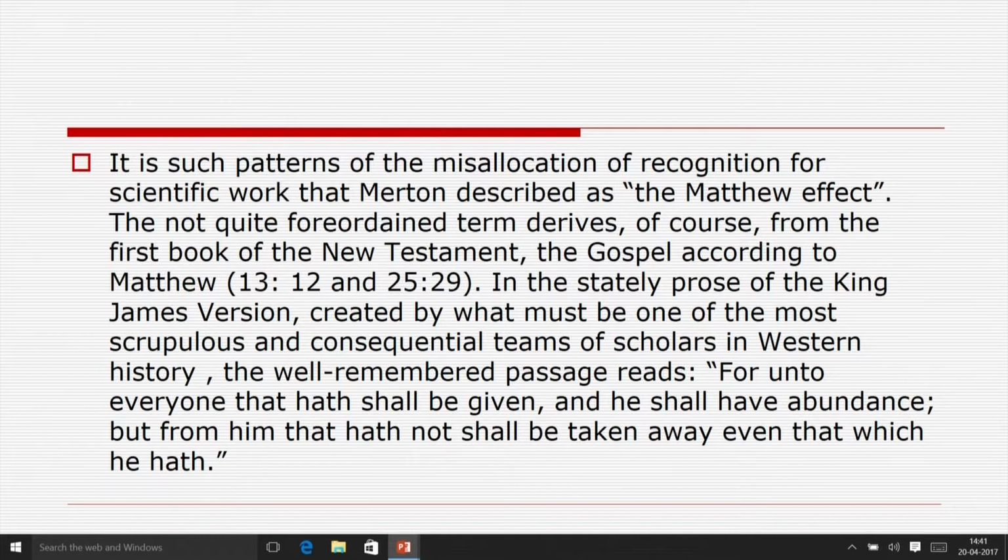In the stately prose of the King James Version, created by what must be one of the most scrupulous and consequential teams of scholars in Western history, the well remembered passage reads, "For unto everyone that hath shall be given, and he shall have abundance, but from him that hath not shall be taken away even that which he hath."